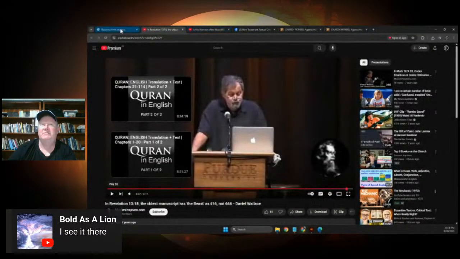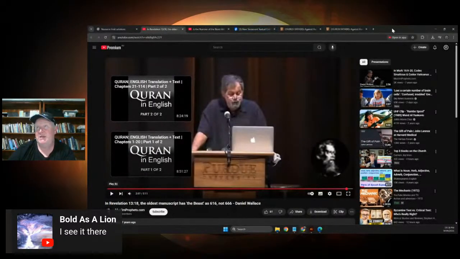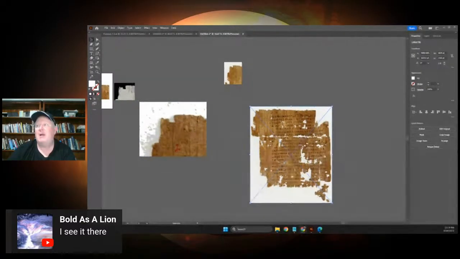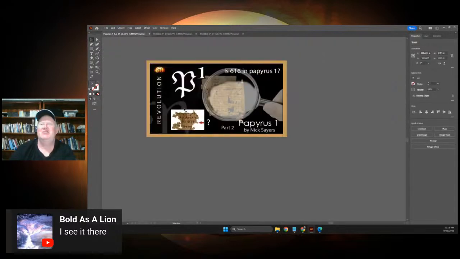Okay, so I was asking ChatGPT if anyone had noticed this in Papyrus 1. It doesn't seem like anyone's noticed this before, so it's a little bit of a find. But I do want to prove it. I guess I've proven it to myself. Now I'm just trying to prove it to everyone else.